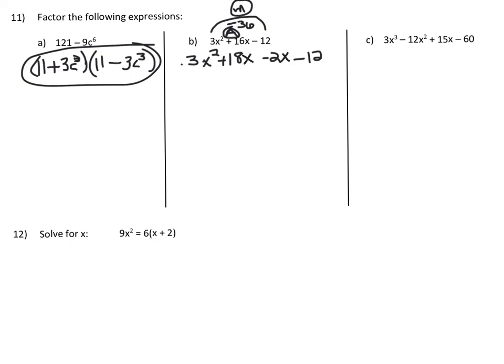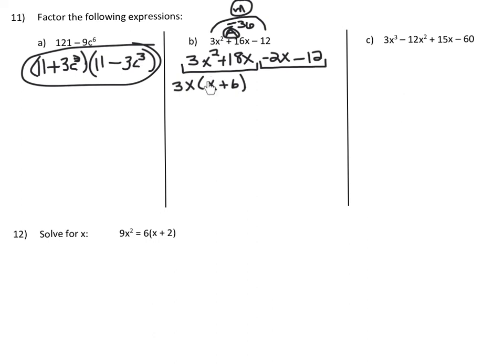We could do grouping. So we're going to group together the first two terms and then group together the last two terms. So out of the first two terms, we could pull out a 3x, and that's going to leave us with x plus 6 in parentheses. All right, out of the last two terms, we could either pull out a -2 or a +2.